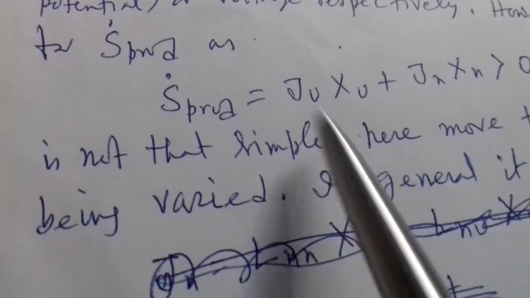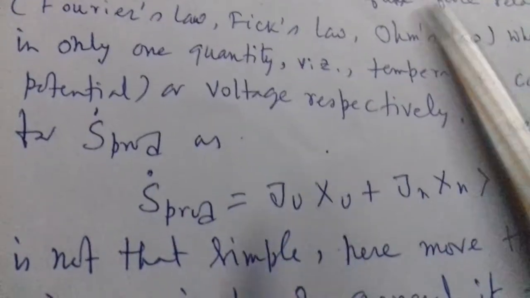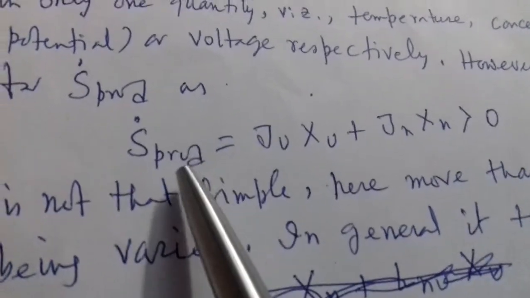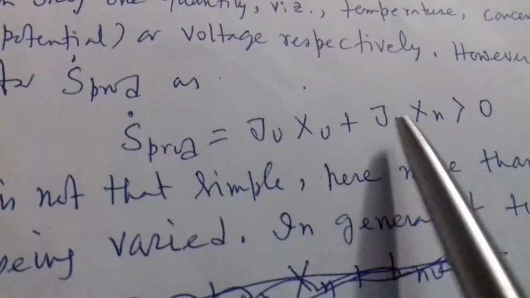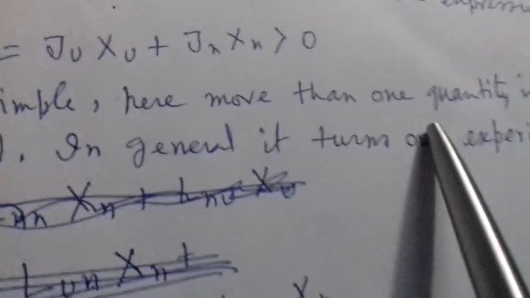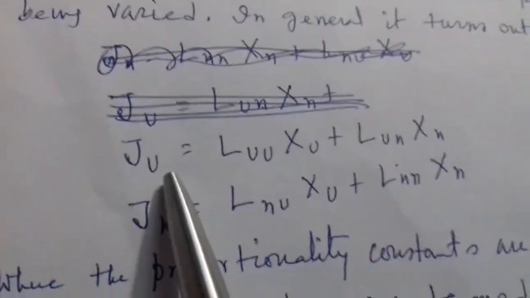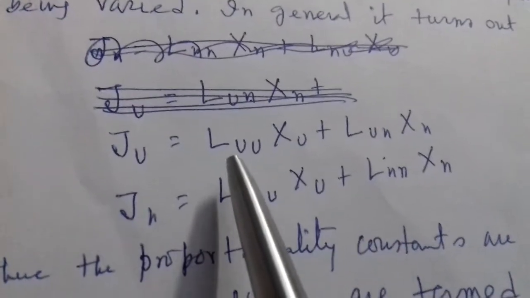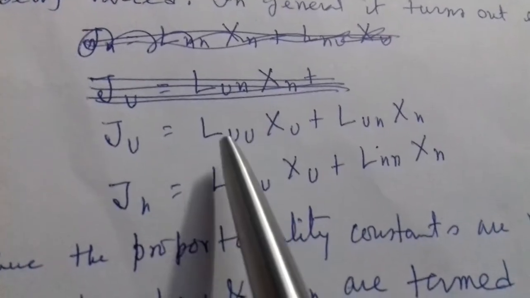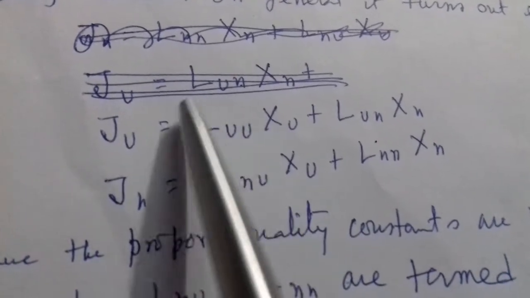it is not that simple, because here there are two fluxes and two forces, not like Fick's law or Fourier's law or Ohm's law, where there is only one flux and one force. Here we have two fluxes and two forces, so more than one quantity is being varied. In general, it turns out that experimentally Ju equal to, so instead of the constant A, B, we write Luu as one coefficient.